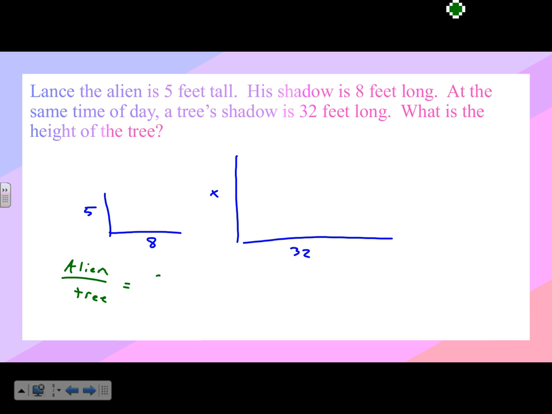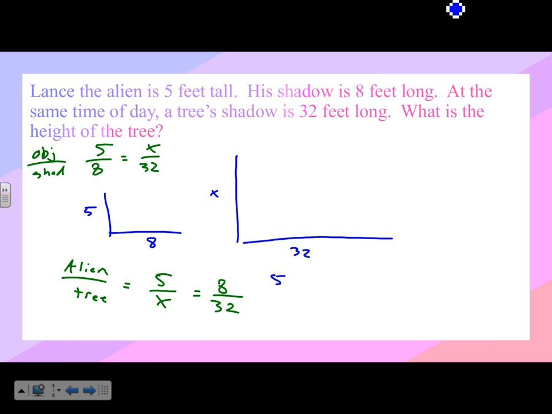But the alien is 5 foot tall, and the shadow is 8 foot long. And the tree is x feet tall, and its shadow is 32 feet long. Now again, wouldn't be a bad idea. I would maybe say the object and the shadow. So the object is 5, its shadow is 8. The object is x, its shadow is 32. Either way, it's all going to be the same when you multiply that stuff out.